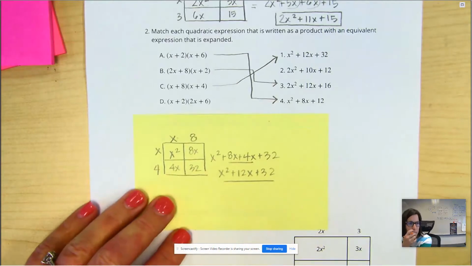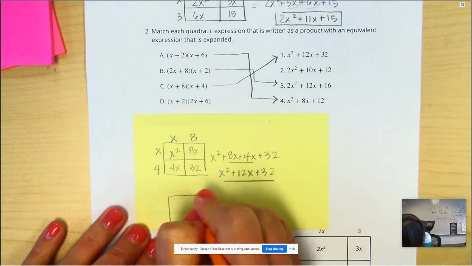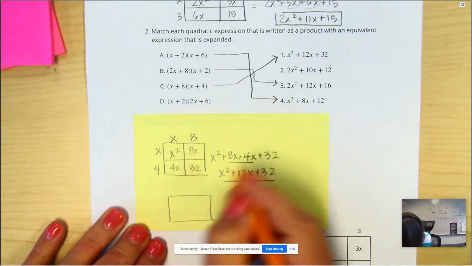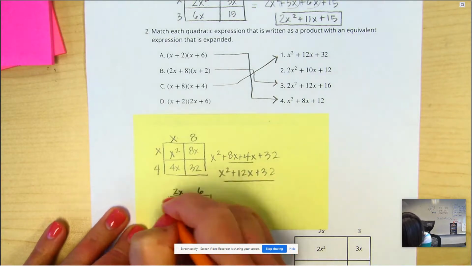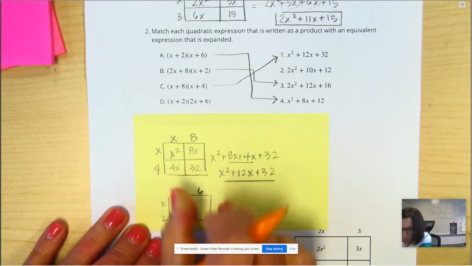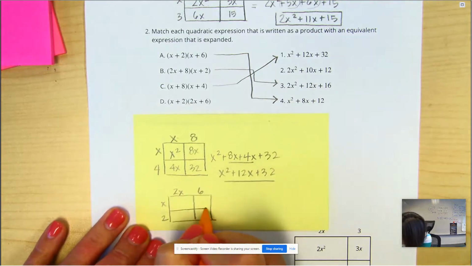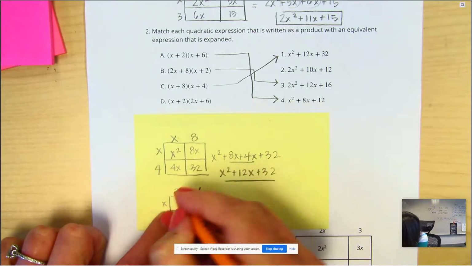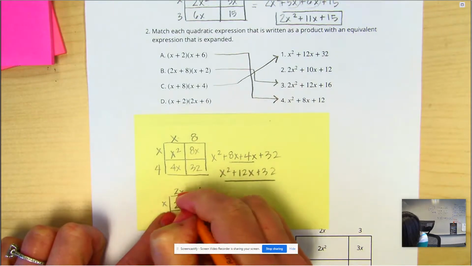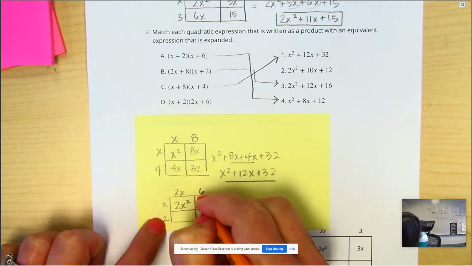Last one. Now we know it probably should be number 2, but still the whole point is to practice the math, right? So let's practice it. So I have a 2x and a 6 and an x and a 2. And it wouldn't matter if you put them, again, on either side. So a 2x times an x, this square will give you 2x to the second power. A 6 times an x, 6x.